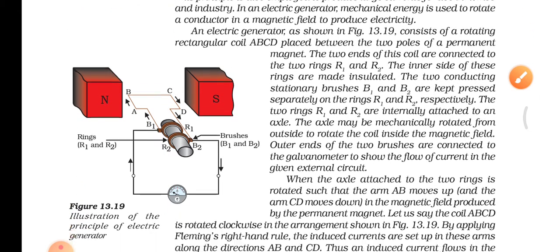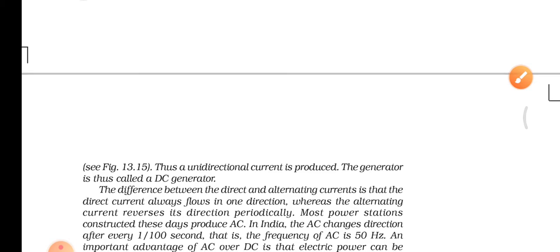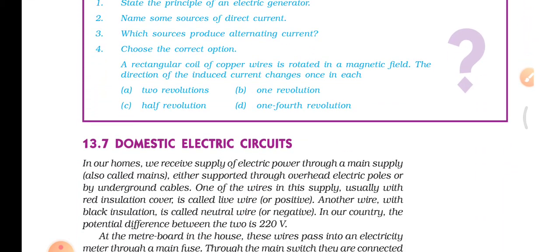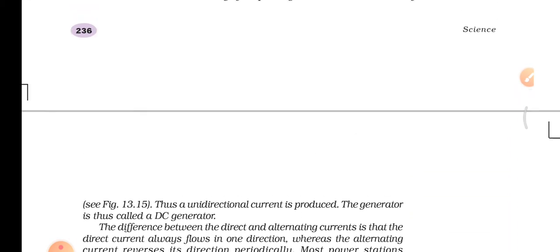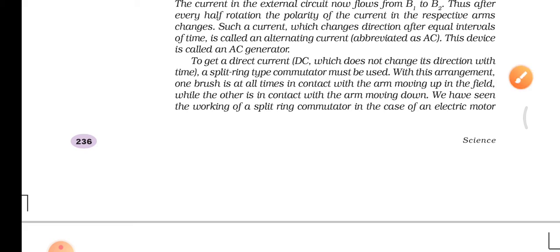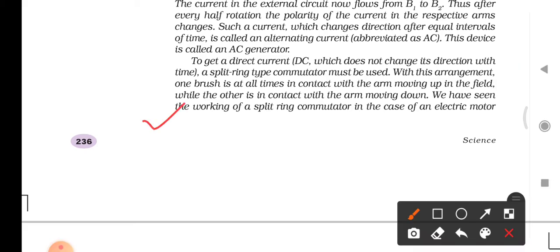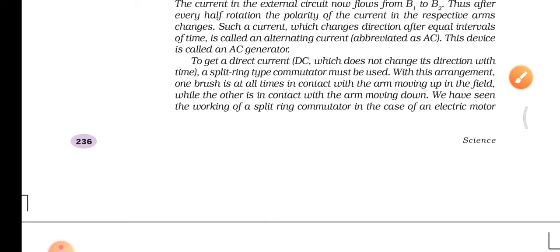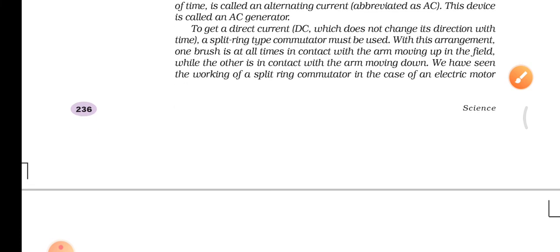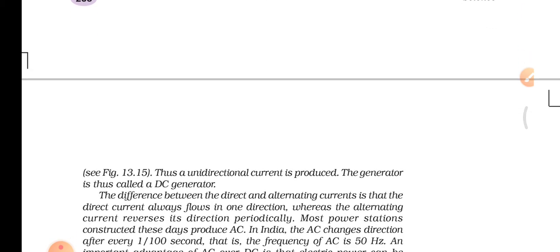I already discussed this in AC generator, and today I discussed DC generator. In your book they have not given any circuit diagram for DC generator. Just refer to the video and draw the electric circuit diagram for DC.